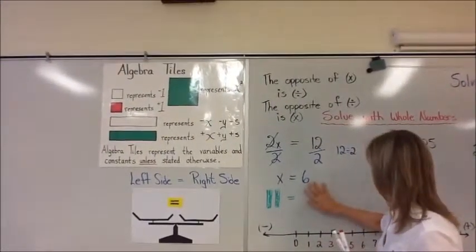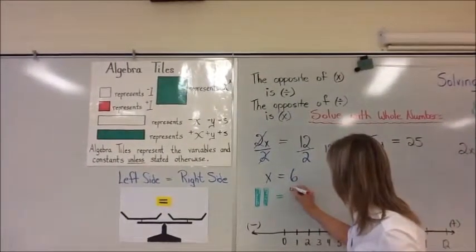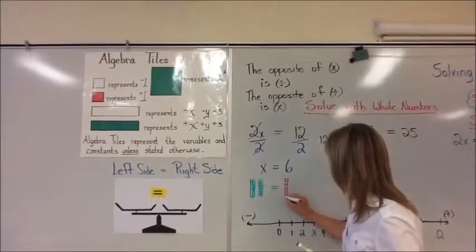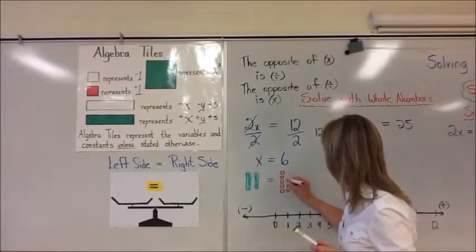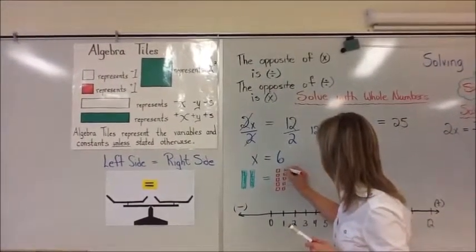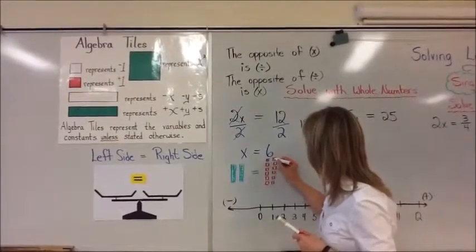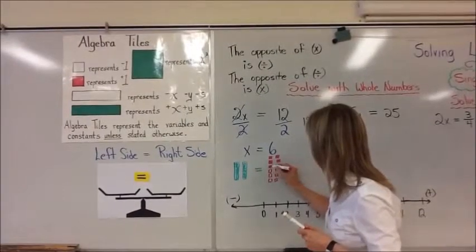I want to do this so that you actually see the appropriate model, so we're going to do 12 of these. Bear with me. We'll just quickly make them, and of course they're shaded in because they are positive as well.